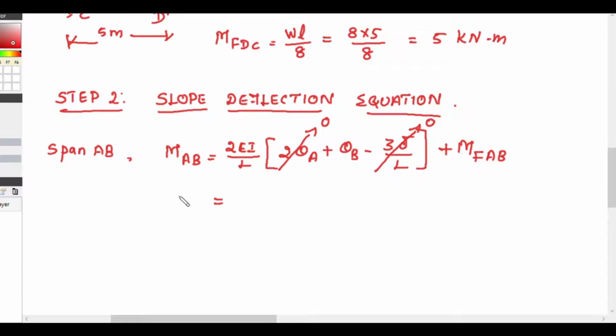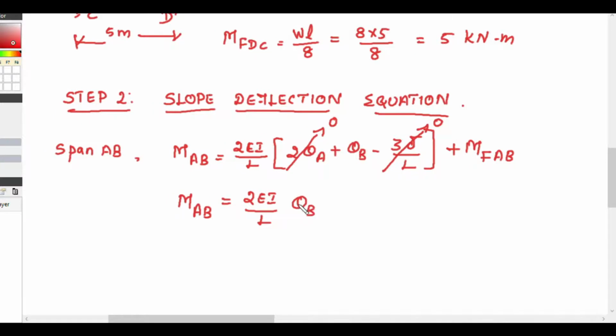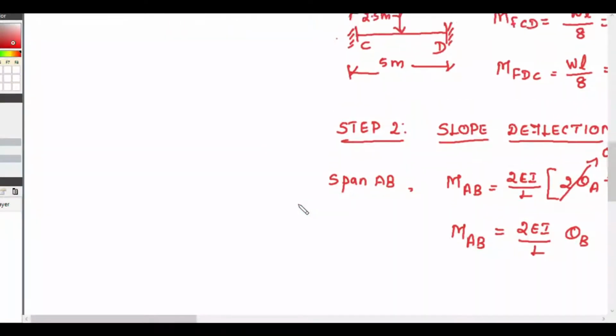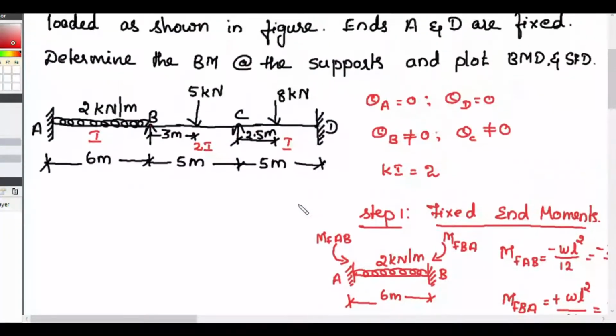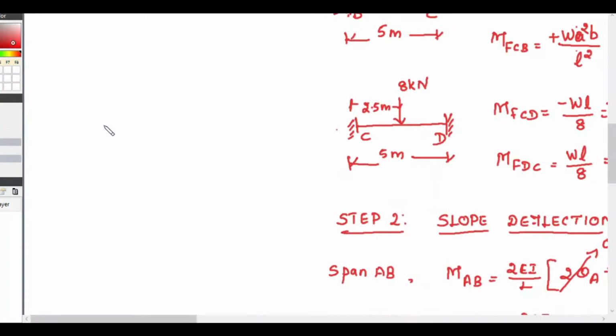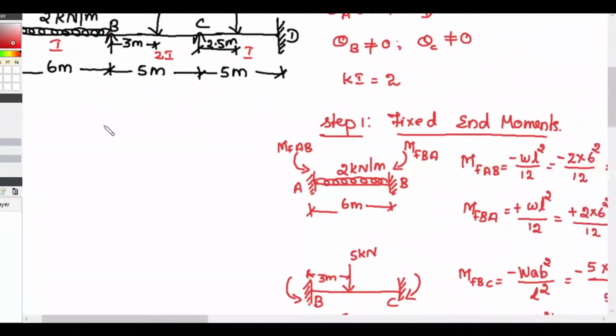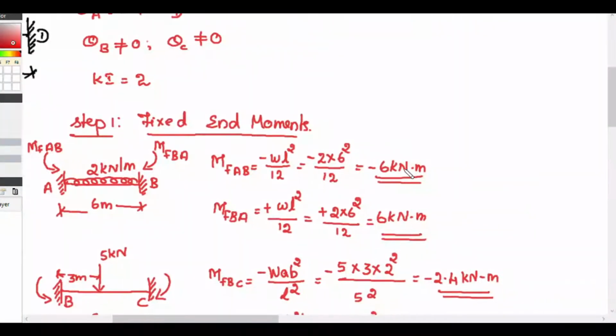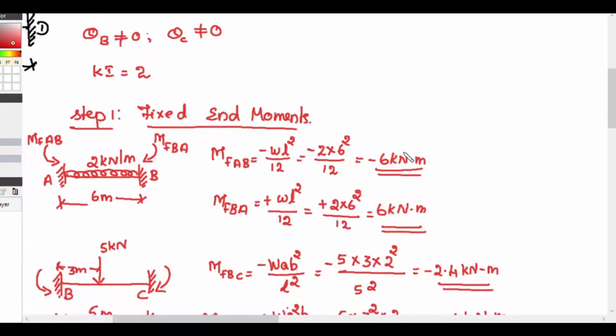So what we get is MAB is equal to 2EI by L into theta B. For the span AB, the moment of inertia is I. And MFAB, the fixed end moment, is minus 6 kilonewton meter.